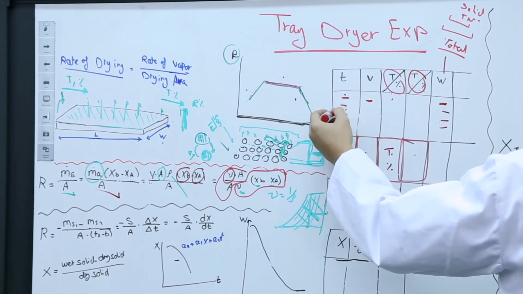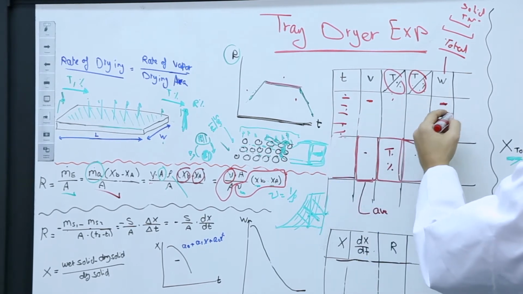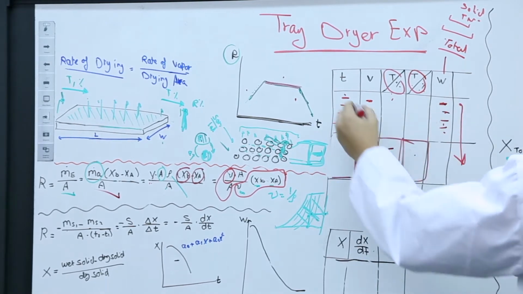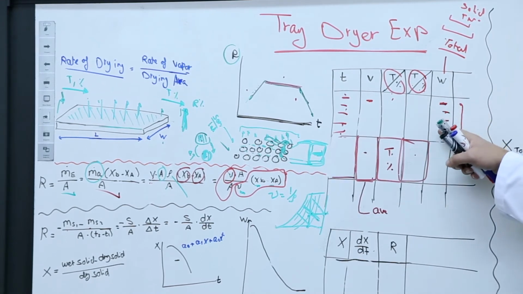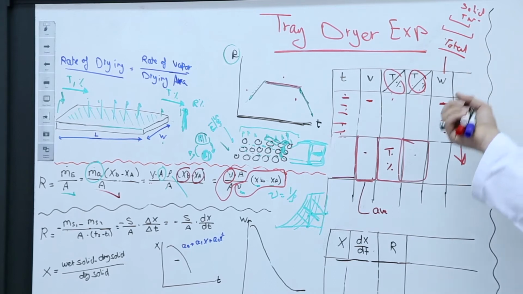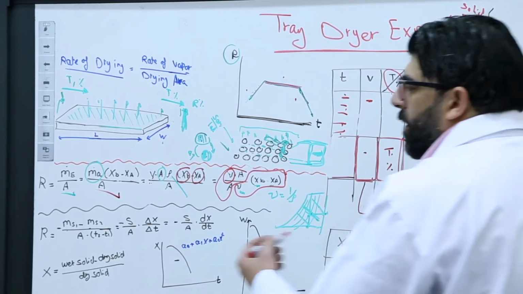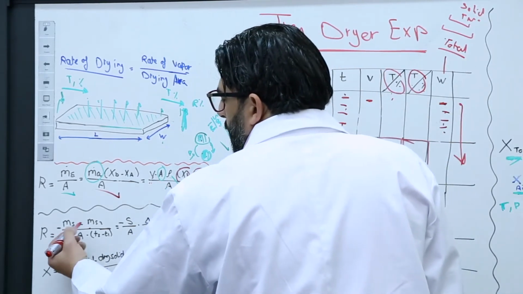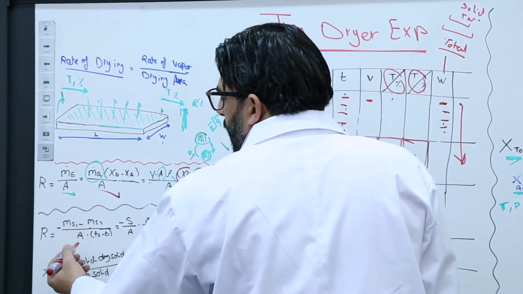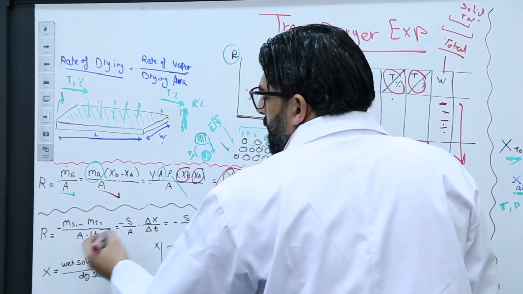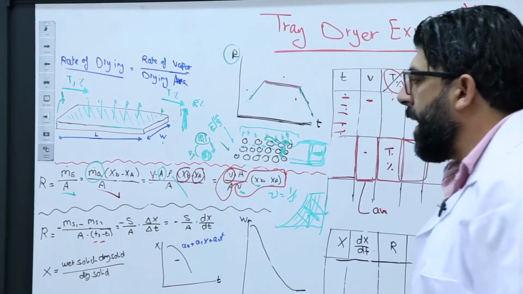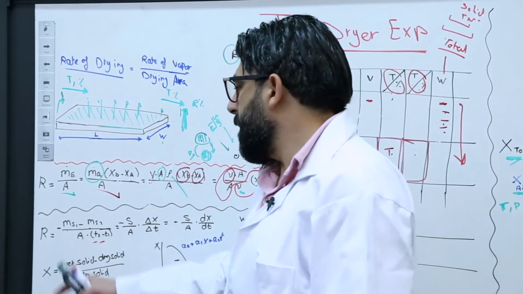Each time we have a different weight. So this weight decreases per time, and the decrease in weight is due to the evaporation. So if I take the weight of solid 1 minus solid 2 over the area of drying times T2 minus T1, the difference in time, I can find the rate of evaporation.